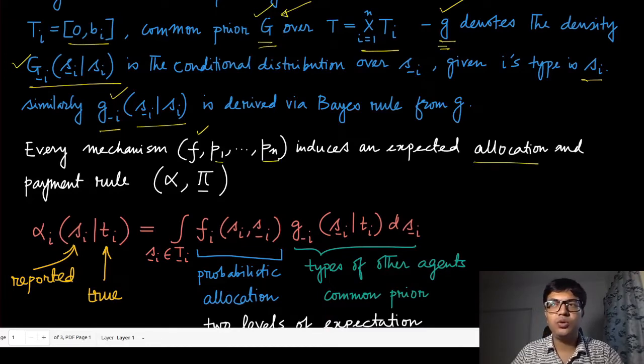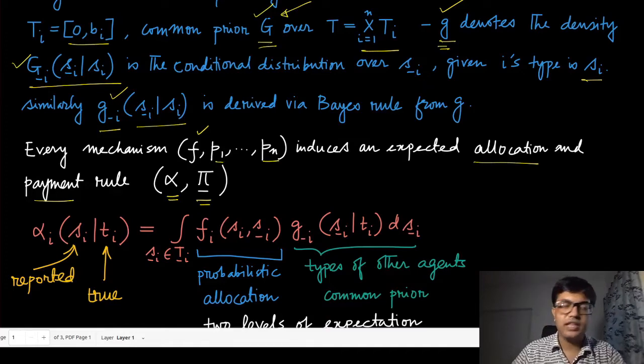So when agent i does not know the types of the other players, it can only predict what the allocation will be in an expected way, and we'll define that shortly. So it can define the expected allocation and the expected payment according to the common prior, capital G, and its density lowercase g. And this expected allocation and expected payment rule, we are going to define by alpha and pi, the vector pi.